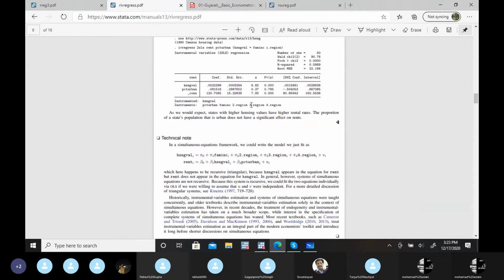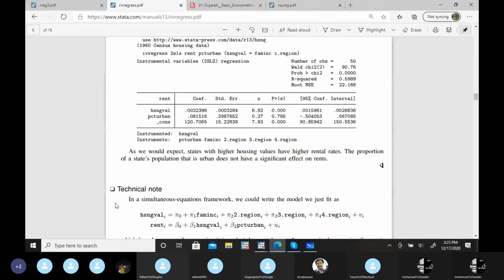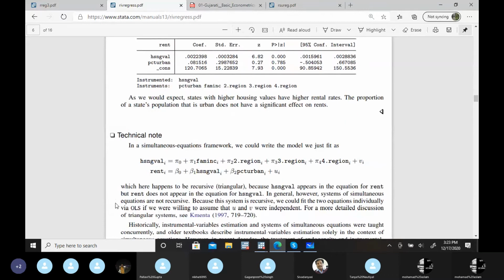Now, whenever we have a simultaneous equation model, the first thing is we have to find whether it's seemingly unrelated regression or there are endogenous variables here. In this particular case, since there are endogenous variables, we can't simply apply this seemingly unrelated regression method.